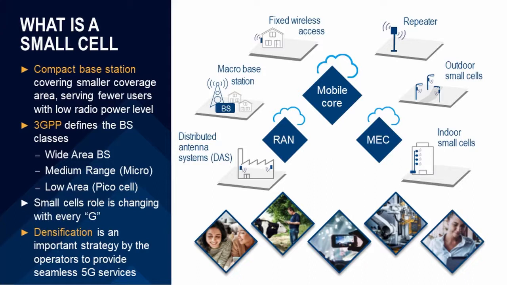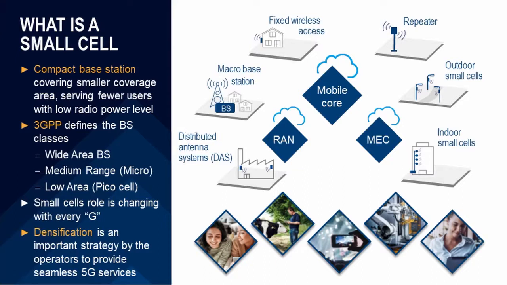And 3GPP defines the base station classes, and of them the three: wide area base stations, medium range base station which is a micro cell, and the low area base station which is a pico cell. And here the low area and the medium range base stations come under the small cell umbrella.